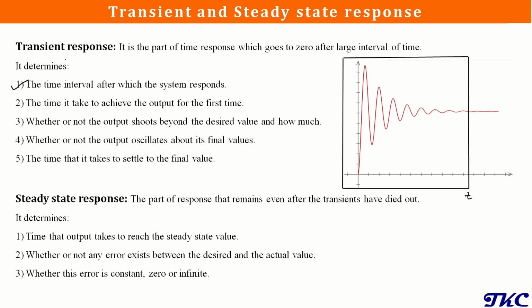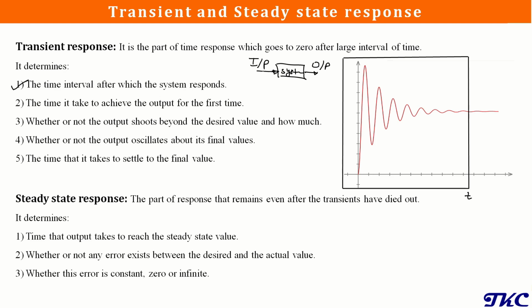When we provide input to any system, we expect that it will give us a certain output. But when we give input to the system, we are not going to get output instantly, because this input requires some time to go through the system and overcome the frictional force and other resistive forces that the system has, and later on it gives us the output.